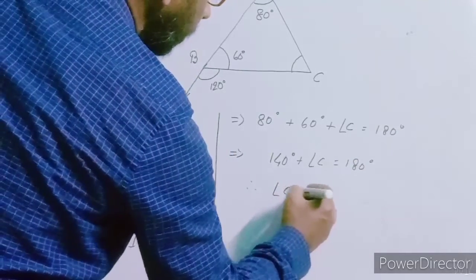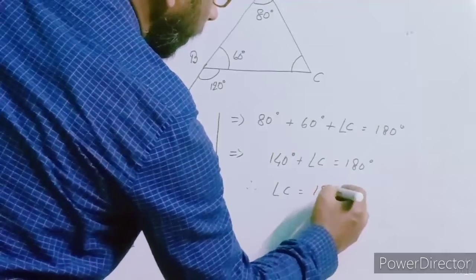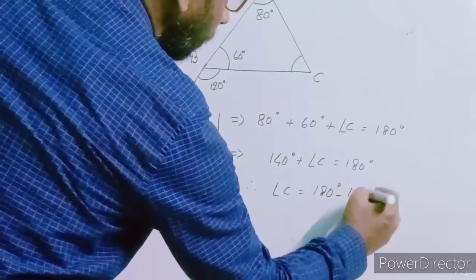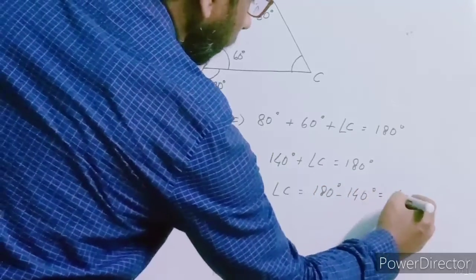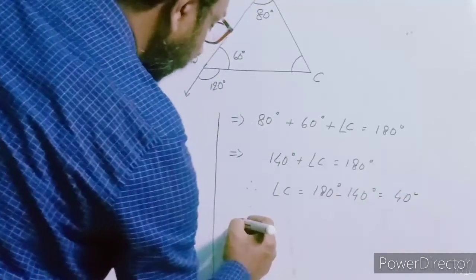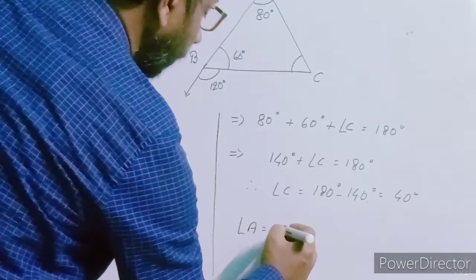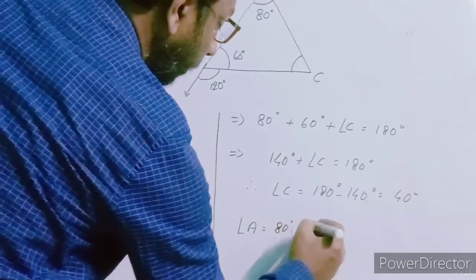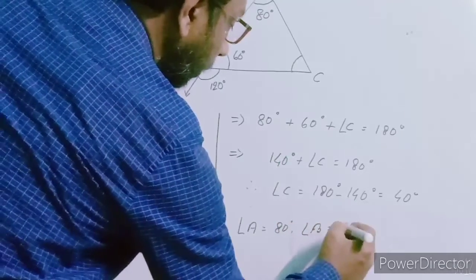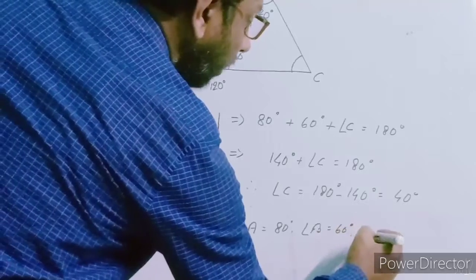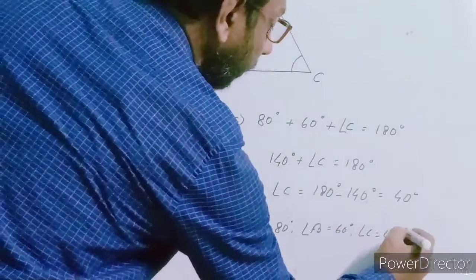Therefore, angle C equal to 180 degree minus 140 degree equal to 40 degree. So the angles of the triangle: angle A equal to 80 degree, angle B equal to 60 degree and angle C equal to 40 degree. These are the answers.